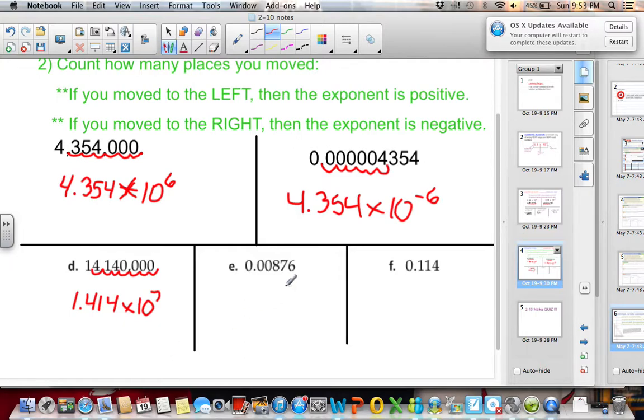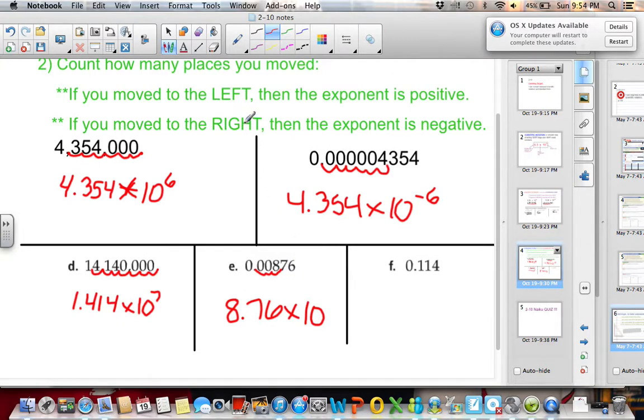Here we have 0.00876. So 8 is my number between 1 and 10. We can actually just write that, so I know that it's going to be 8.76 times 10, and then we go 1, 2, 3.